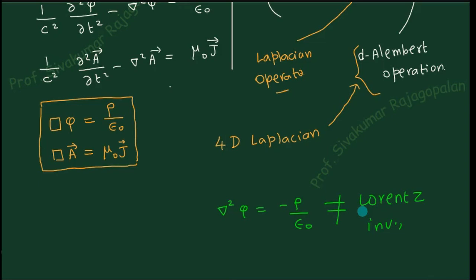Their one value cannot be compared with the other person's value. So that is a trouble here. But if you consider this formulation, this square, that is what you call the box operator, is already invariant under Lorentz transformation, and therefore these quantities will remain as such as we change the coordinates from one frame to another frame.